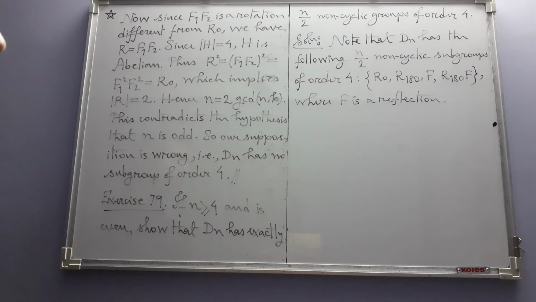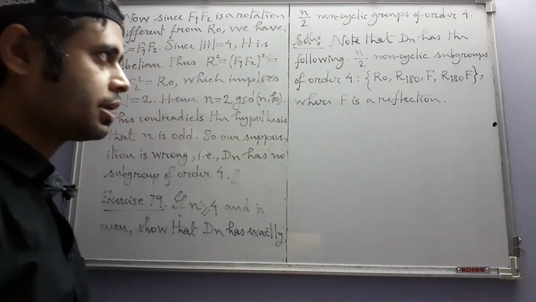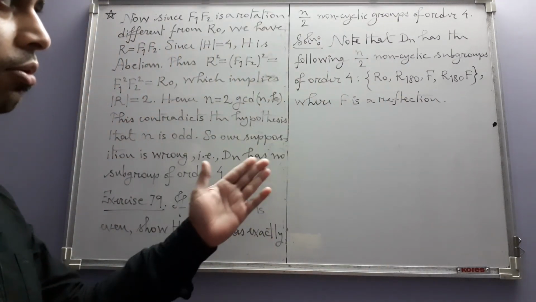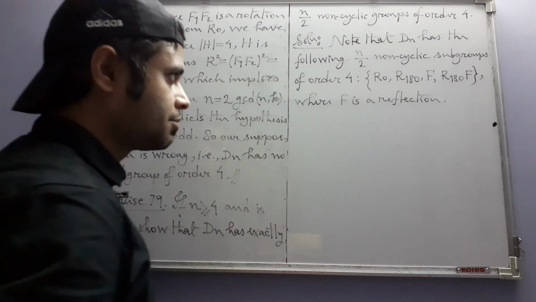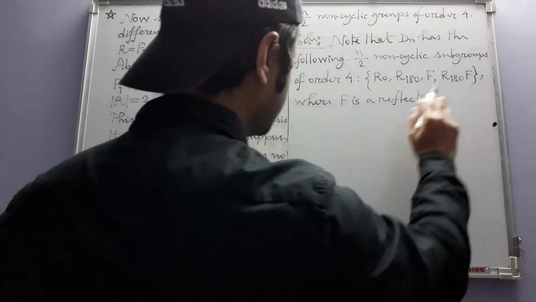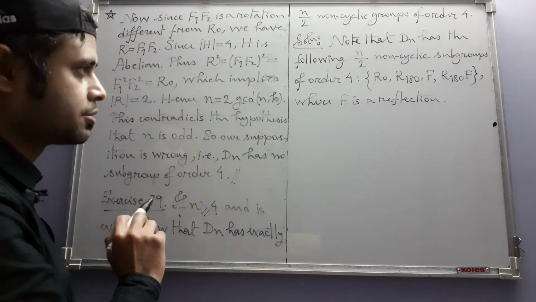And how are we getting n divided by 2 non-cyclic groups? Because there are n divided by 2 choices for the reflection F. So we will get distinct non-cyclic groups of order 4. Order 4 we can see from here. Why is it non-cyclic? In fact these are the things we considered in the previous solution also.